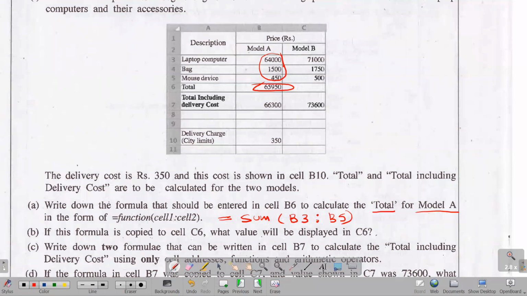And the second part, B part, if this formula is copied to the cell C6, what value will be displayed? So they are asking what value, right? So the value is going to be the addition of these 3 things. So it's going to be how much? 71,000, 72,000, 73,250, right?